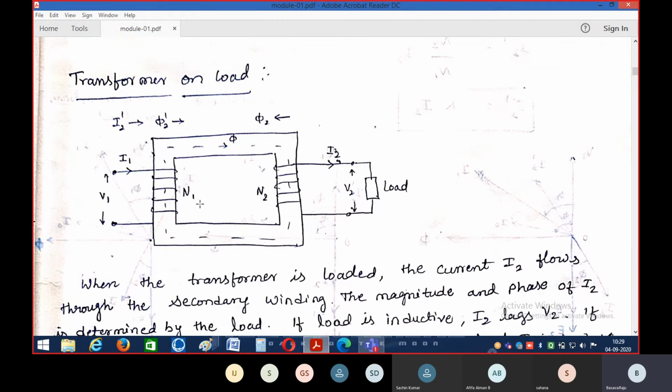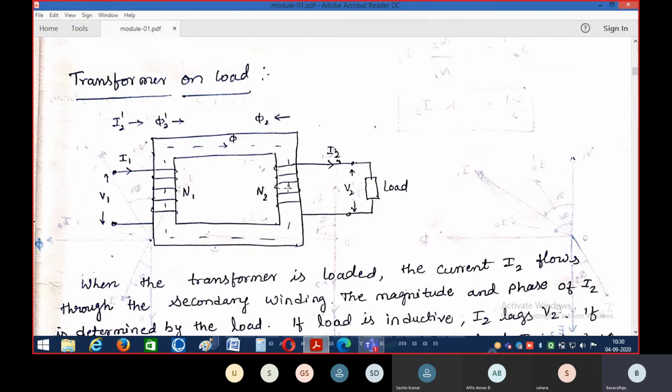Suppose for 1000 turns you have 1000 volts induced in the primary winding, then for 100 turns in the secondary winding, the induced EMF will be 100 volts only.